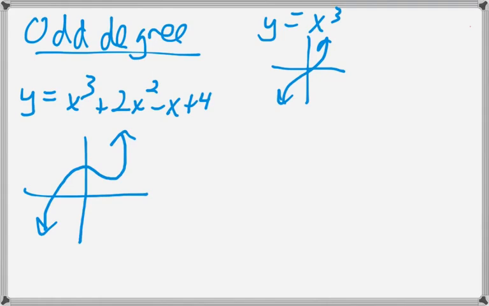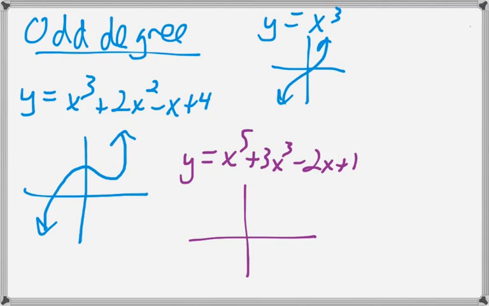Switch colors here. Here's a couple of 5th degree ones. This is y equals x to the 5th plus 3x cubed minus 2x plus 1. It actually looks really similar in shape to the one we just graphed. And I'll squeeze this one down here.